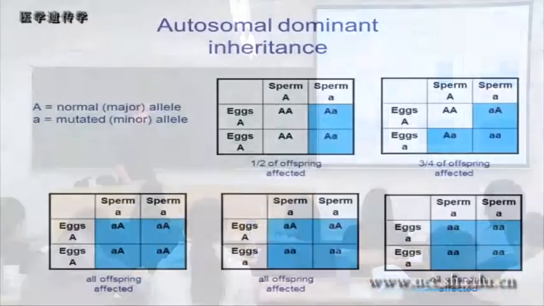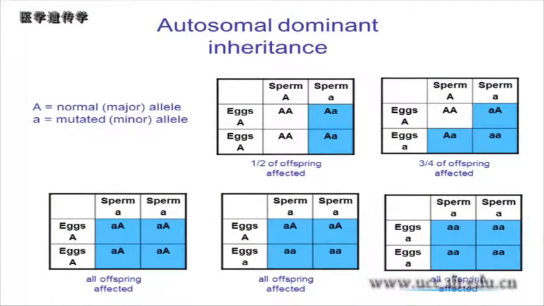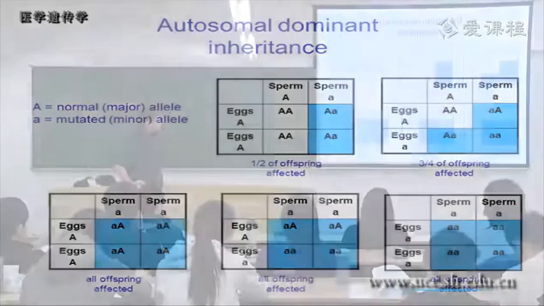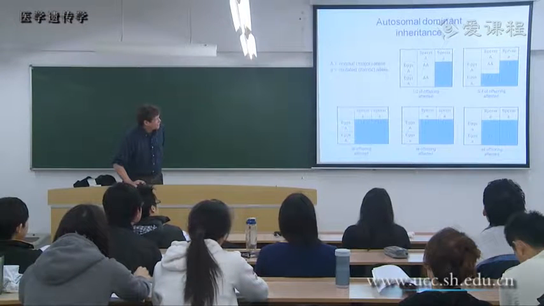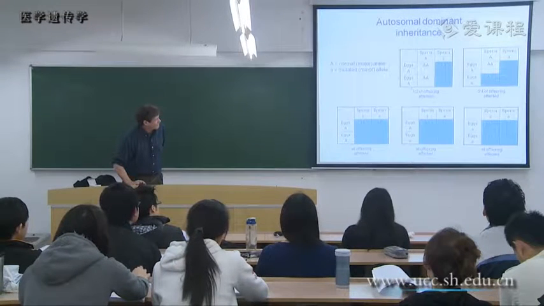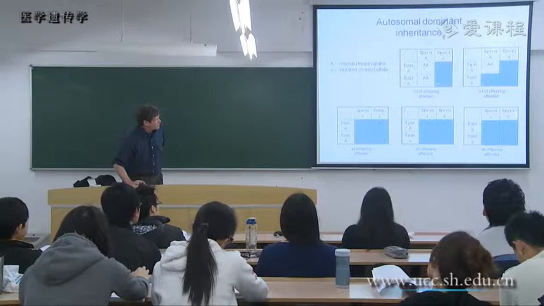Okay, so for disorders or alleles that are dominant, where this is dominant to the mutated form, then depending upon what combinations of alleles in the eggs and sperm you get, you get different ratios of affected or normal individuals. So, for example, if the father is heterozygous and the mother is homozygous for big A, then the combinations that you get are here.